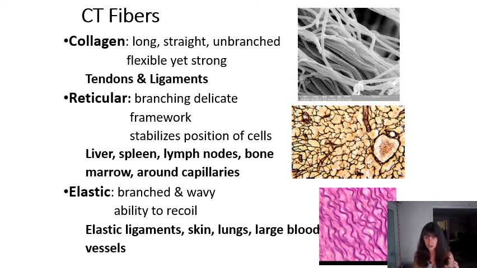For instance, your intestinal tract, your digestive system, has a muscular layer that supports the structure of that tubular system. Your liver, your spleen, your lymph nodes, bone marrow, and the area around capillaries doesn't have that muscular wall. Therefore, the reticular connective tissue helps to provide a three-dimensional structure for those organs.